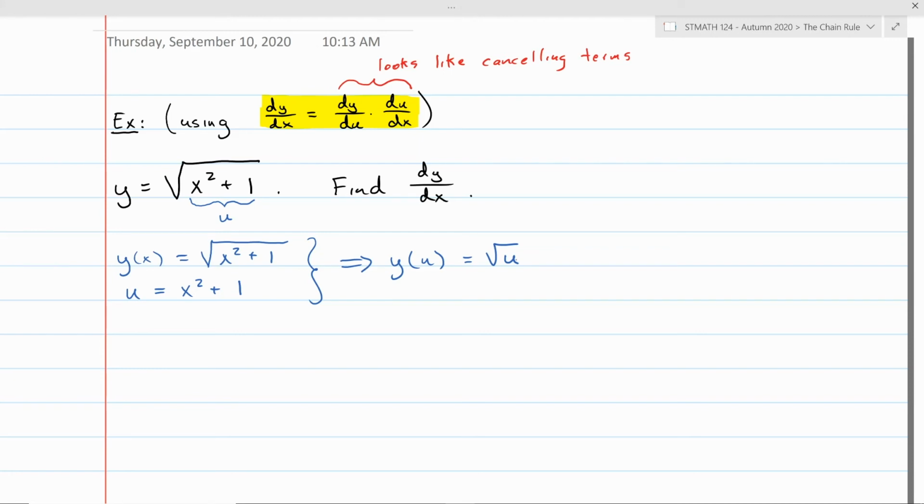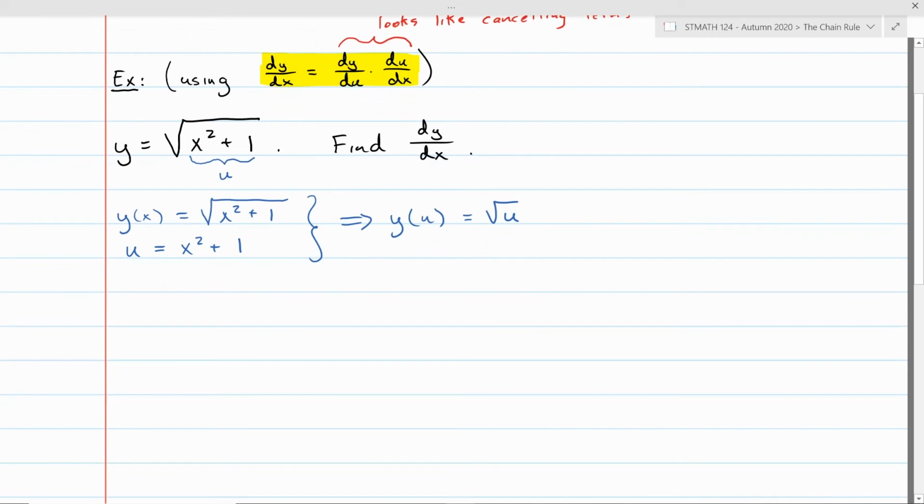Well, since y is a function of u, then it would make sense to talk about the derivative of y with respect to that new variable u, right? If you just saw the square root of u, what would be its derivative? Square root of u is u to the 1/2. So I could differentiate that with respect to u.